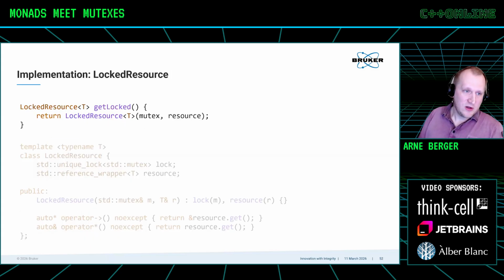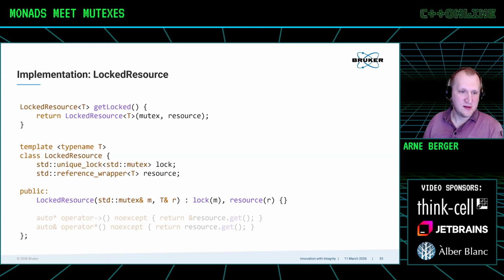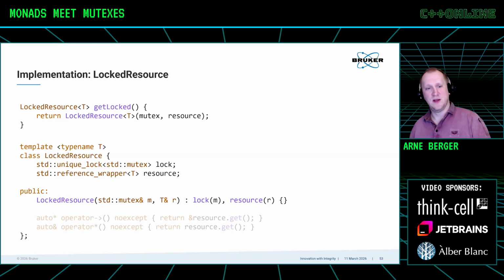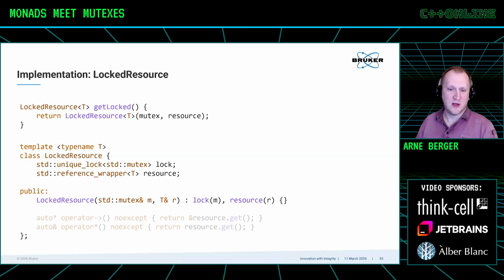The get locked thing, so where we return an access, is also quite straightforward. So get locked itself returns another type where it passes through the mutex and the resource value. And then that locked resource internally has the unique lock and also a reference wrapper to the resource.